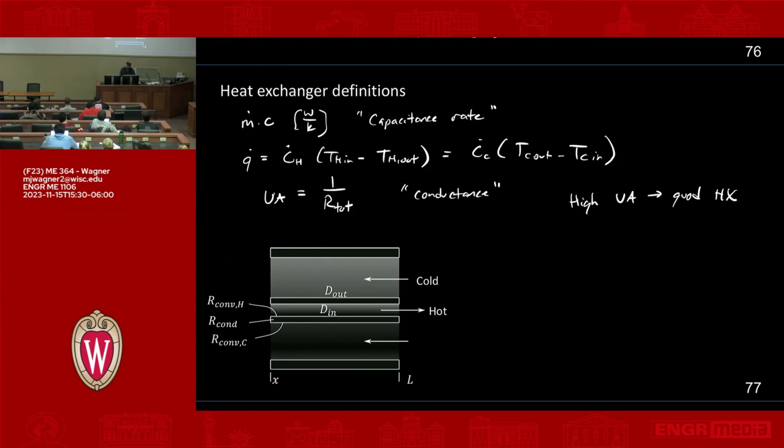All right, this R total, so let's deal with that. R total, for this example I've put up here, includes our convection on the hot side, our conduction, and our convection on the cold side. If we were to actually write out the formula, it would be like this.